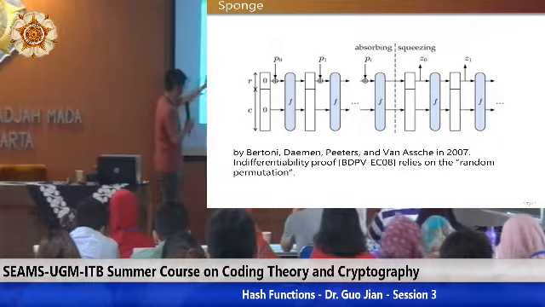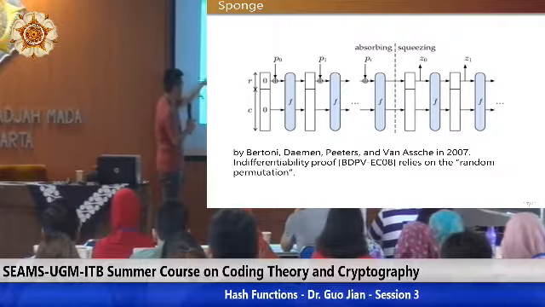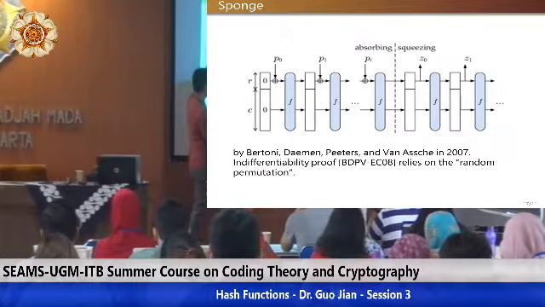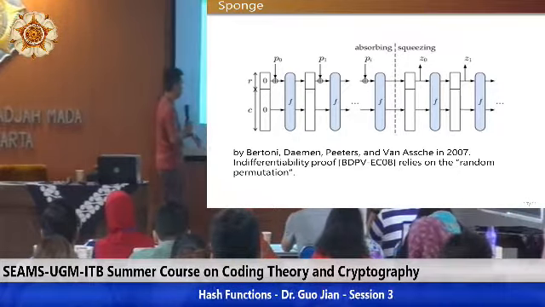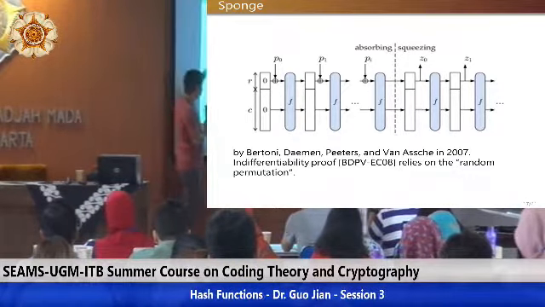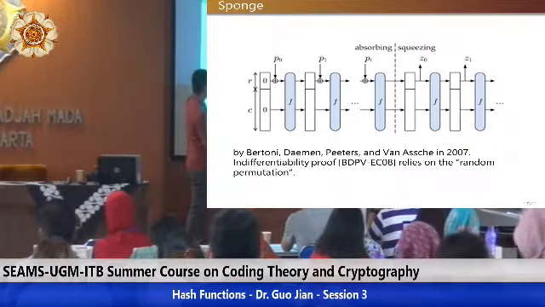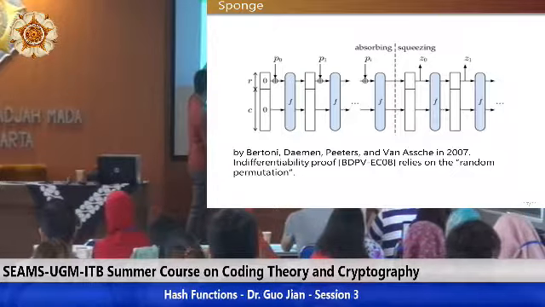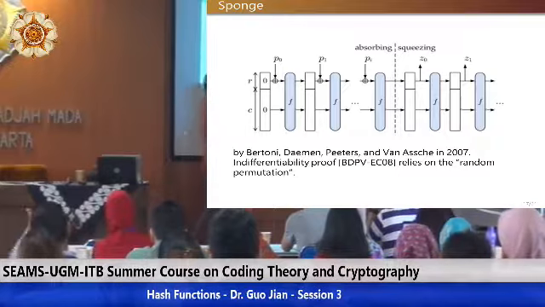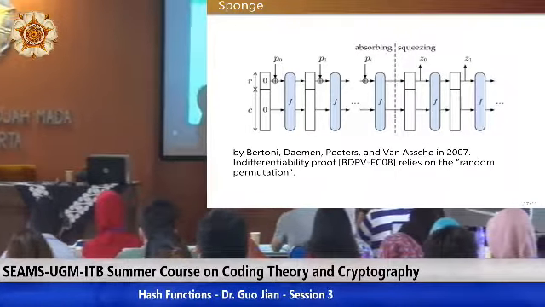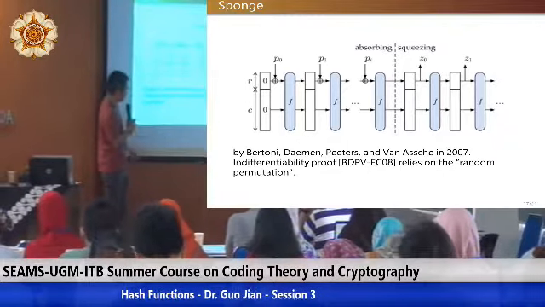So with this permutation, what you can do is, given a message, you chop it into fixed length blocks and do padding if the final block is not a full block. And what you do is start with an all zero state, XOR the value to the first few bits of the state, input to the permutation, XOR the value, input to the permutation, XOR the value, input into the permutation, until all the message blocks are processed.